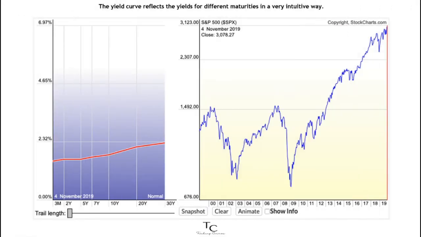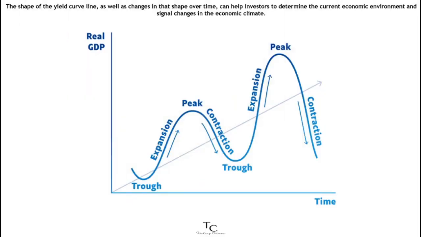The yield curve reflects the yields for different maturities in a very intuitive way. The shape of the yield curve line, as well as changes in that shape over time, can help investors to determine the current economic environment and signal changes in the economic climate.